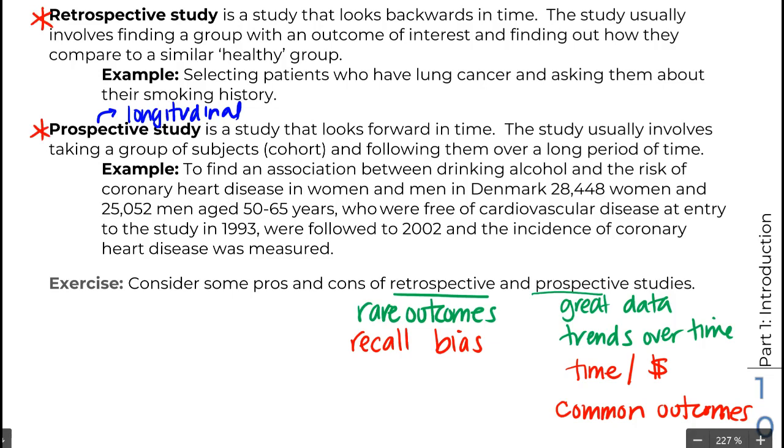One way I've asked questions about these is just giving you a scenario and asking you what type of study you would do. So just thinking back to, okay, is it something rare? Well, then I'd have to do a retrospective study. Is it not rare? Well, I could do a prospective study. I could follow them through until this happens. So keeping that in mind is pretty important in terms of how I like to ask questions about these 2 things.